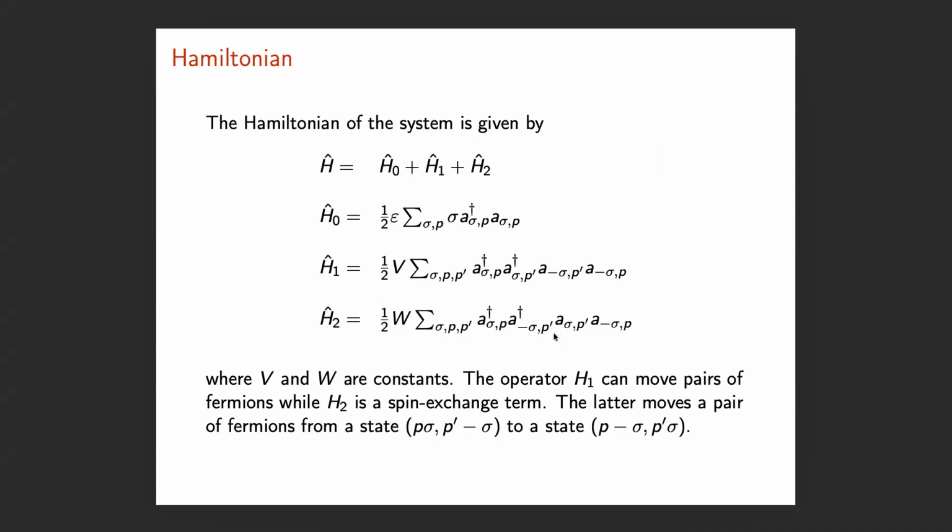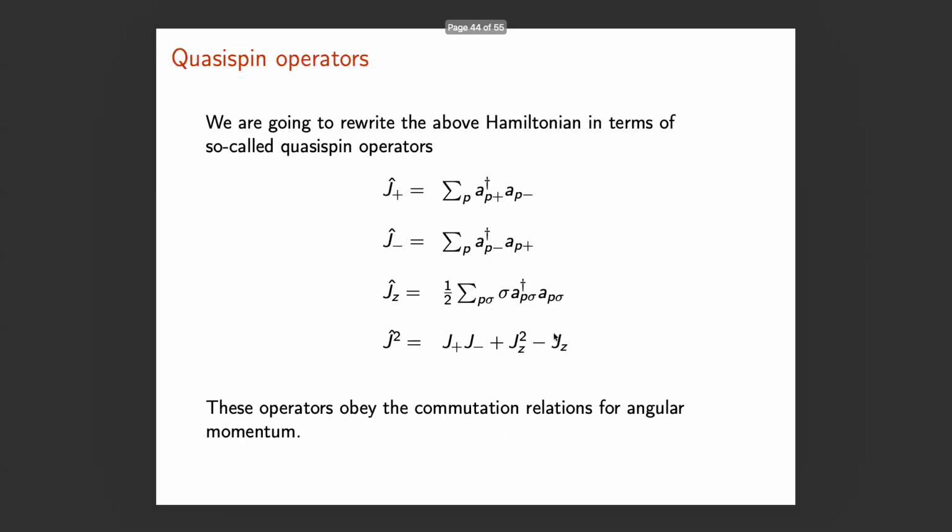But the nice thing here is that you can transform these operators in terms of the so-called quasi-spin operators. You can introduce these quasi-spin operators, and they act as normal operators obeying the commutation relations of angular momentum.